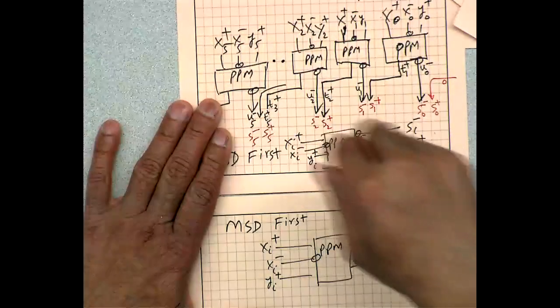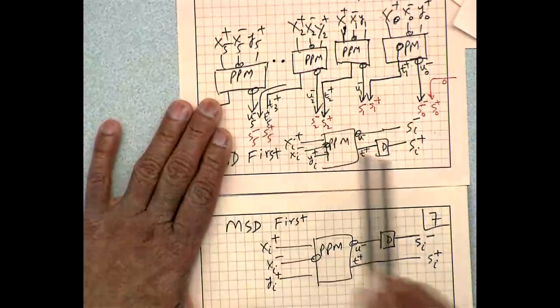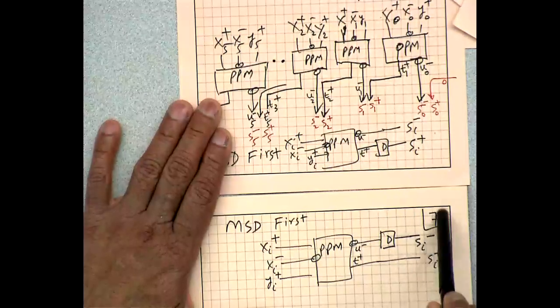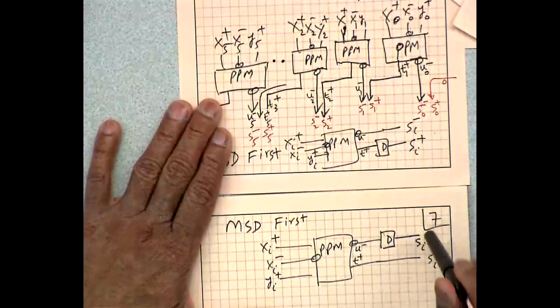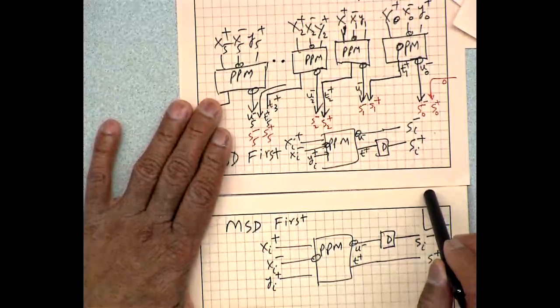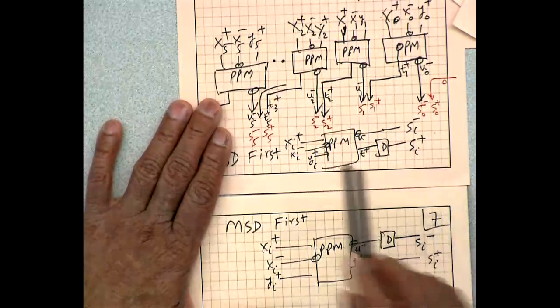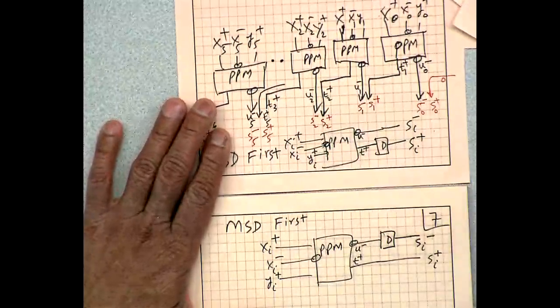So S5 can be output in clock cycle 1. S4 can be output in clock cycle 2, and then S3 in clock cycle 3, and then 4, 5, and 6.